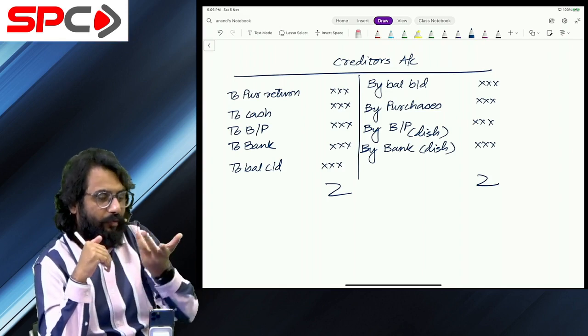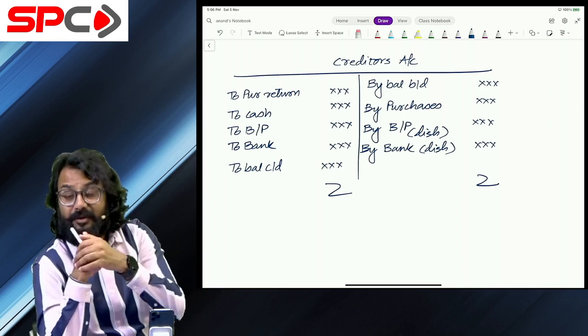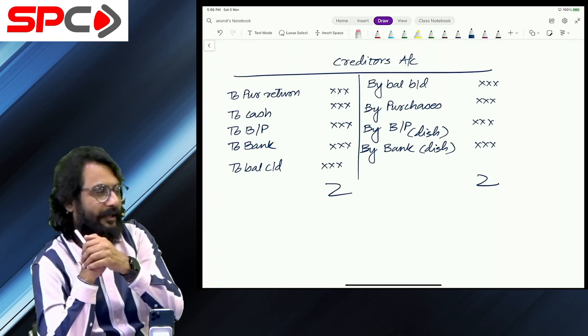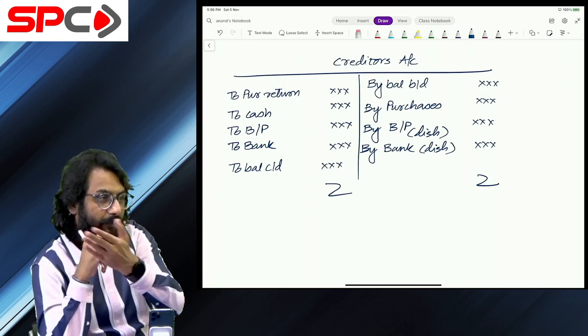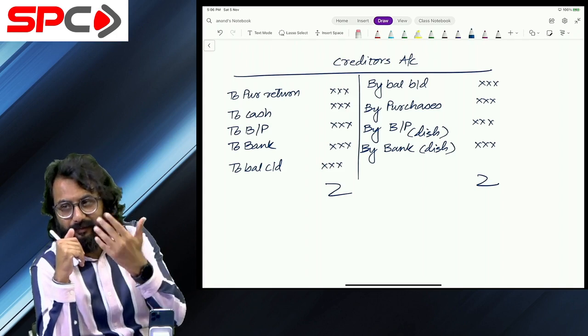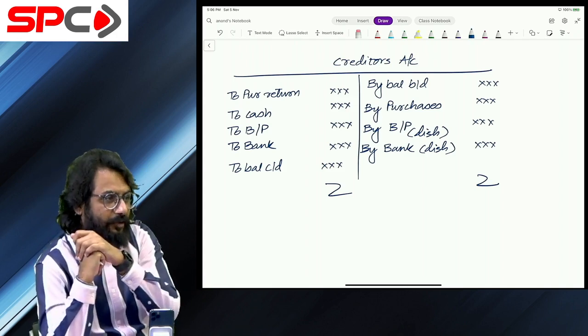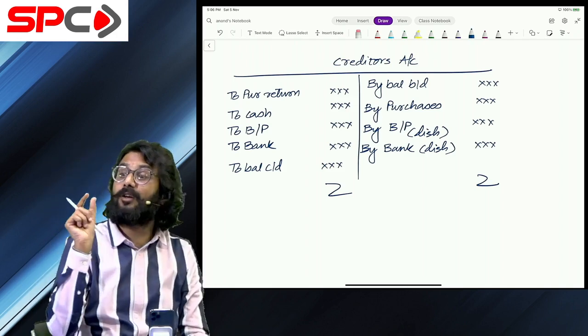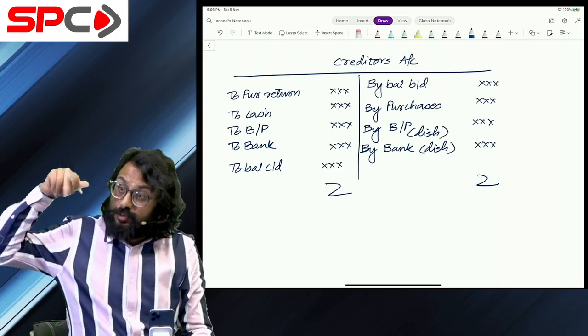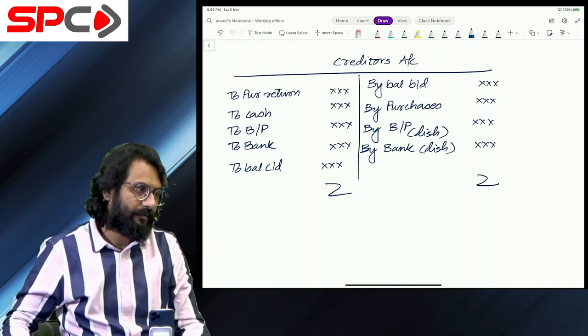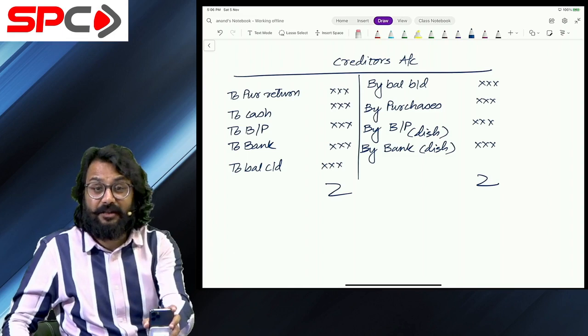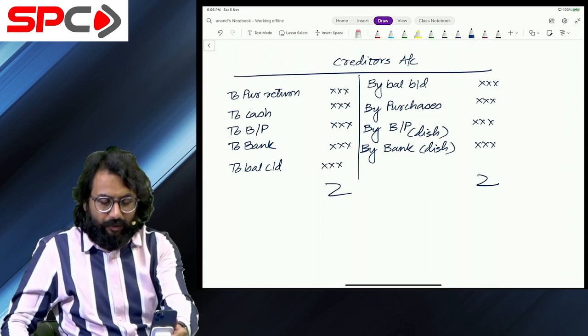Because when I have given loan, what did I do? I have given cash. So the entry is B's loan to cash. B has repaid the loan. B gave the money. Cash to B's loan. So whenever I am using the word B's loan, you should assume that it is B's account here. So all the transactions which are receivable or payable from B, we are going to post it here.